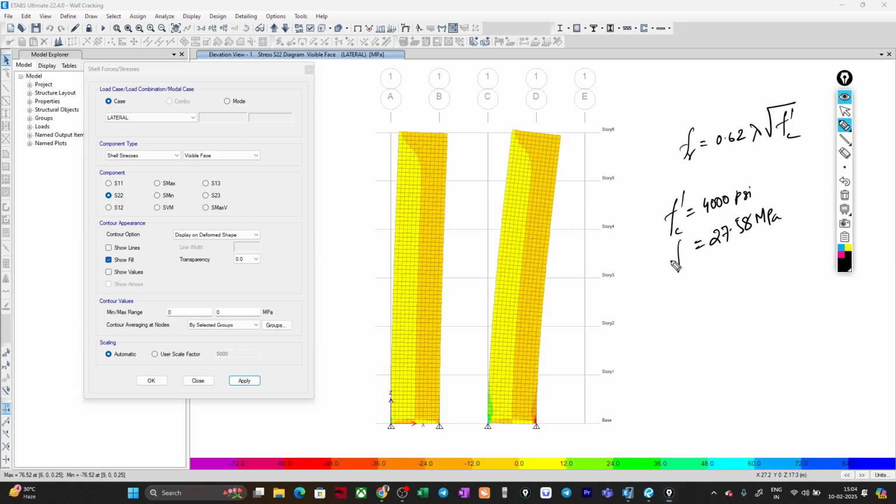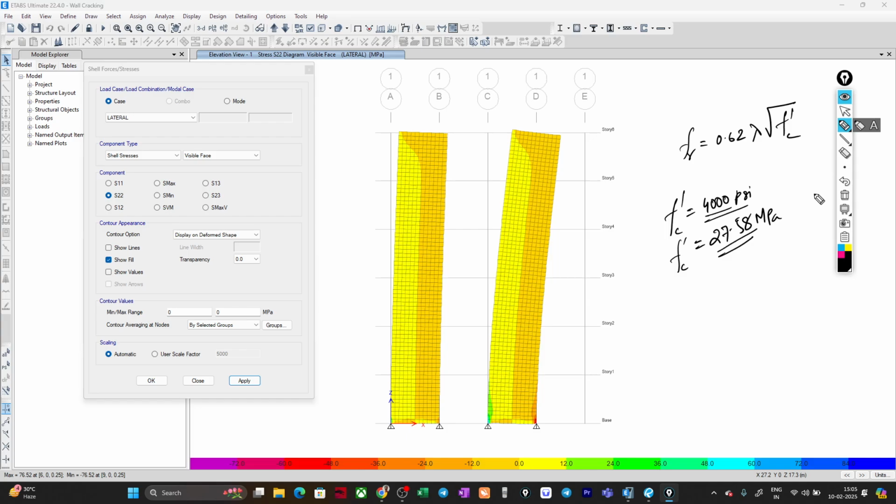So Fc prime in SI units is around 27.58 MPa for 4000 psi concrete. The material that we have considered is 4000 psi concrete, and converted into Newton per mm square it is around 27.58.